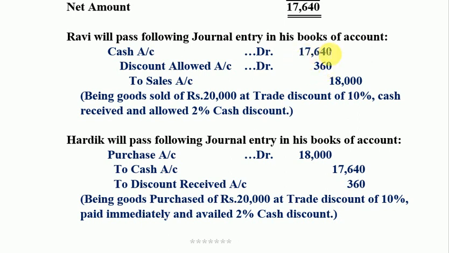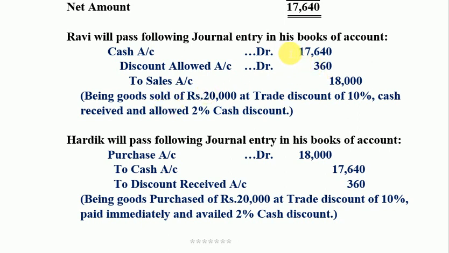So cash account debit 17,640, discount allowed 360, to sales account 18,000, being goods sold of rupees 20,000 at trade discount 10%, cash received and allowed 2% cash discount. On 18,000 we have provided the 2% cash discount, that is 360. Got it?